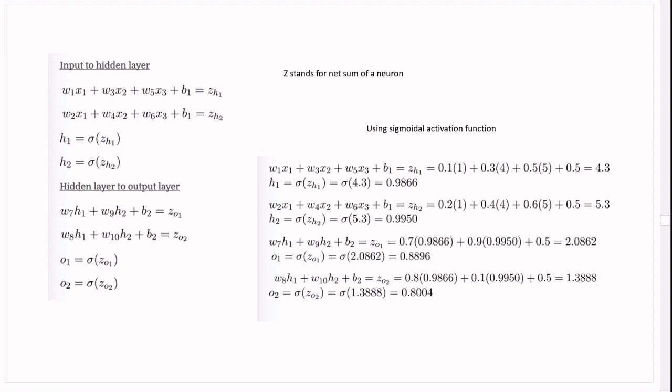On the output side, the net sums are 2.08 and 1.388 respectively, and O1 is 0.8896 and O2 is 0.8004. So these are numbers you will get just by plugging in the numeric values that are given.